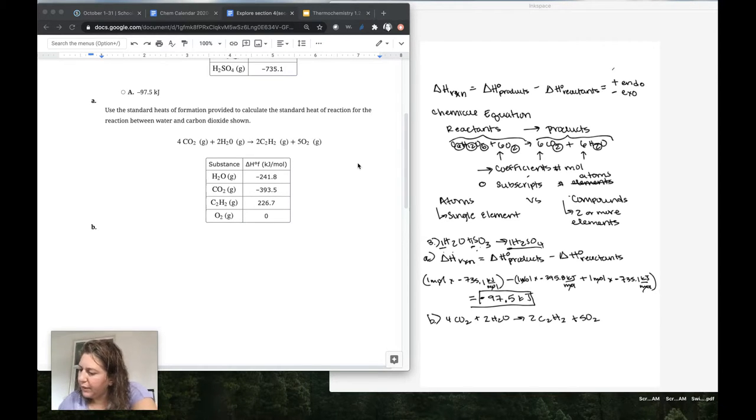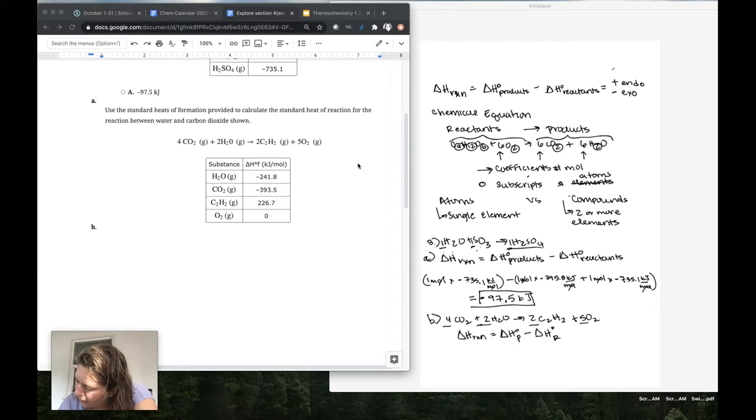So again, I'm going to use that same reaction that I did before, and that is our delta H of the reaction is equal to our delta H of our products minus our delta H of our reactants. Okay, so same thing like before, we got to look at those coefficients. So we do have some coefficients here. So take those into consideration when we're actually multiplying everything out.